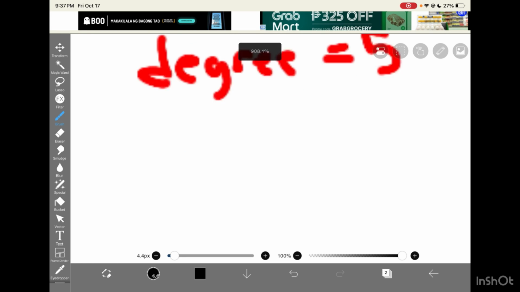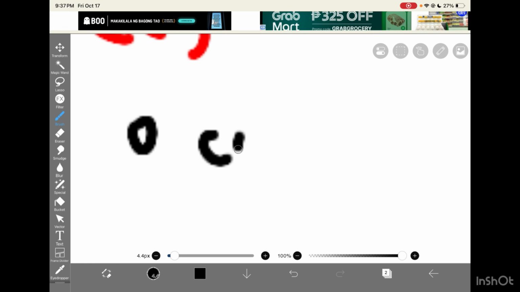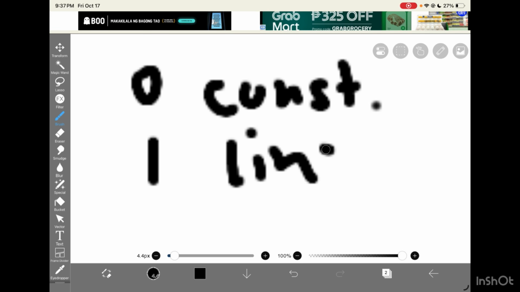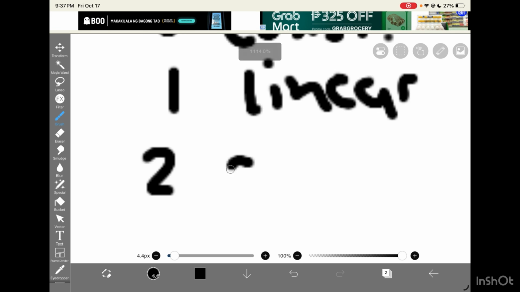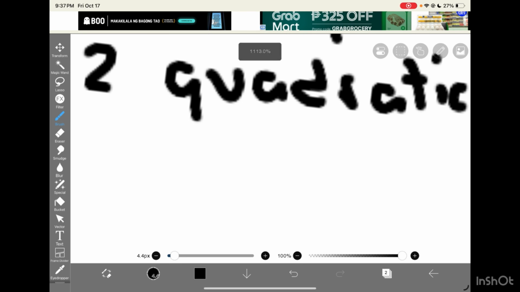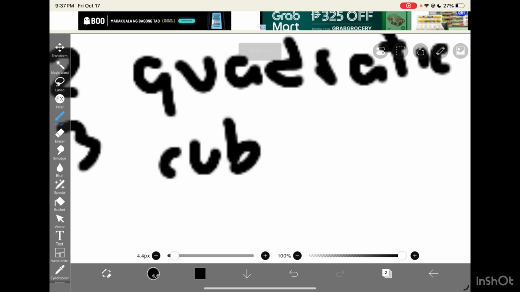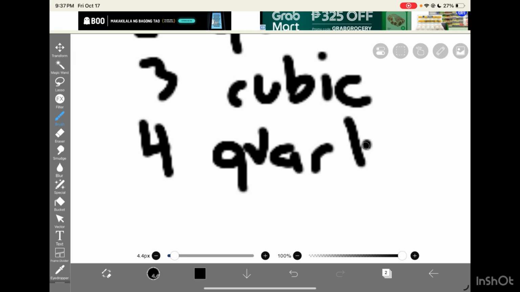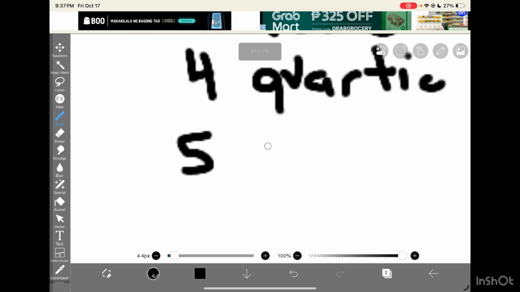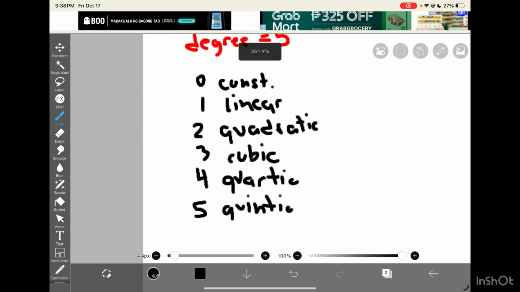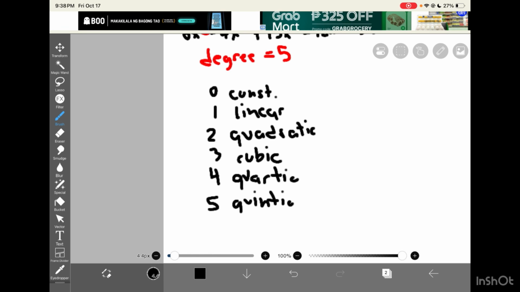First and foremost, for 0 it's constant, for 1 it's linear, for 2 it's quadratic, for 3 it's cubic, for 4 it's quartic, quite a weird term, and lastly for 5 it's quintic. It goes on and on, but these are the ones in the presentation.